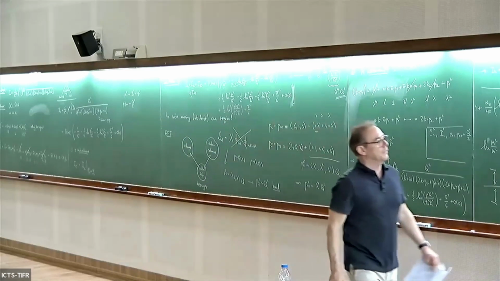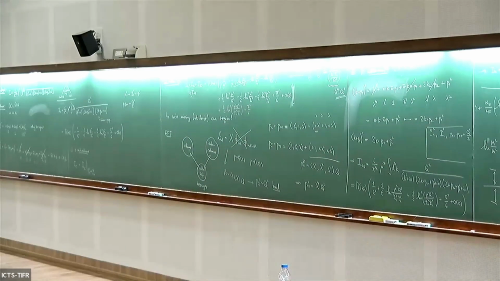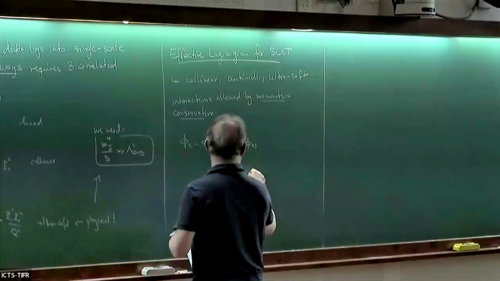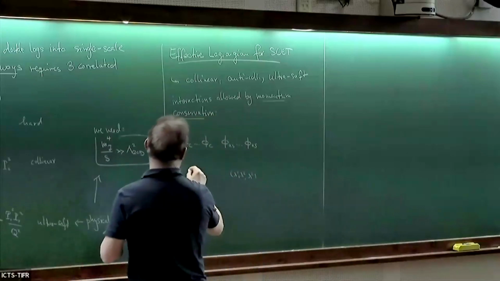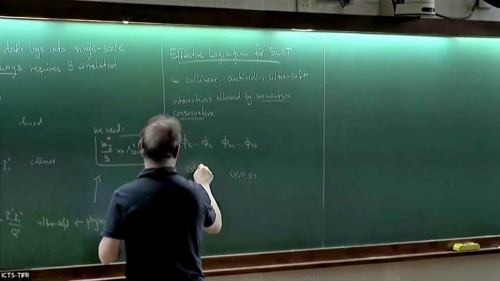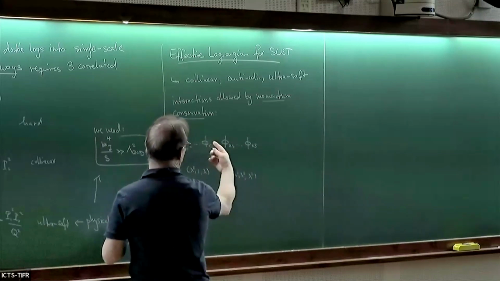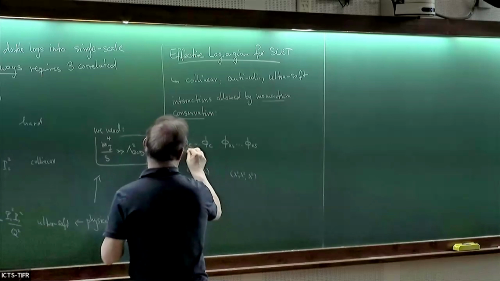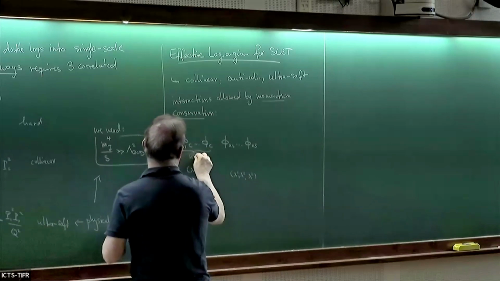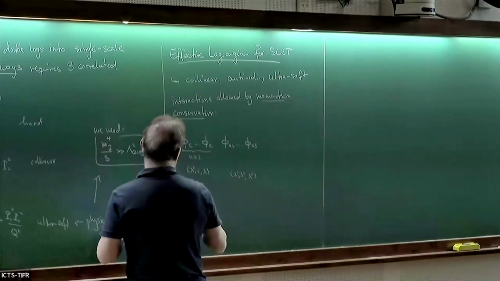However, momentum conservation, remember that if I have a bunch of ultra-soft fields, they will have momentum lambda square, lambda square, lambda square. If I have a single collinear field, it would have momentum lambda square, 1, lambda. That would not be allowed. That cannot add up to 0 momentum. But if I have at least 2 collinear fields, so n bigger than 2, then it's okay.